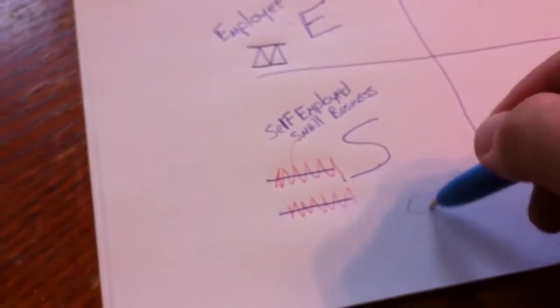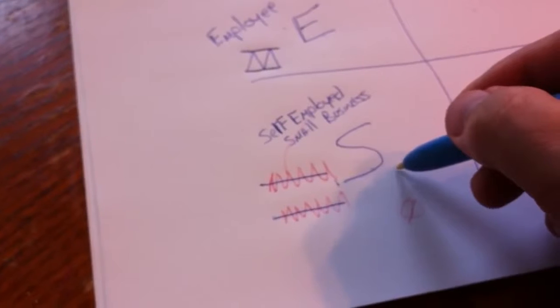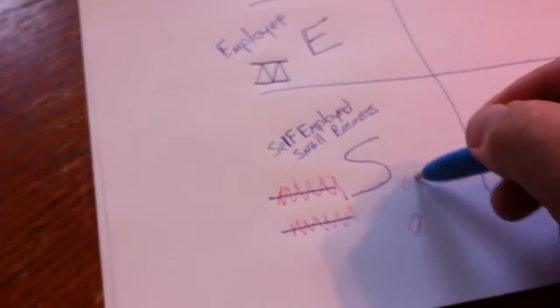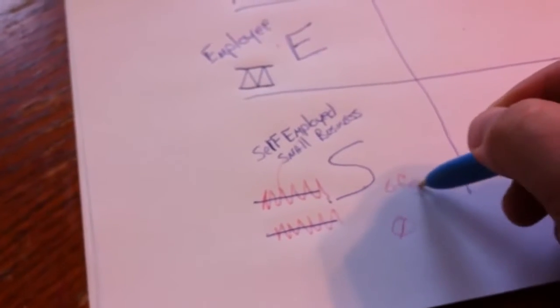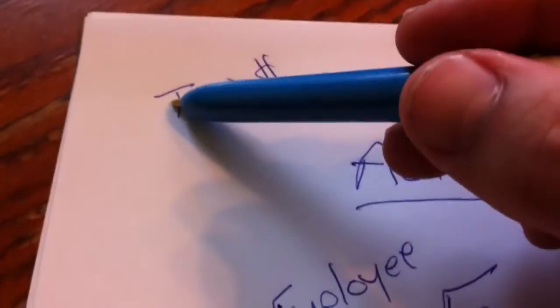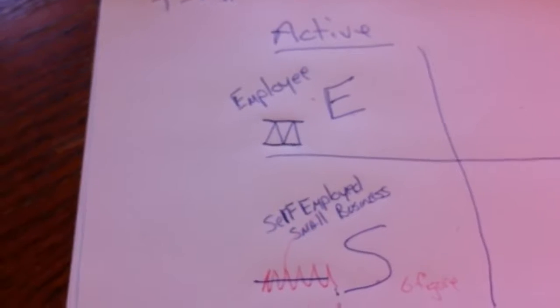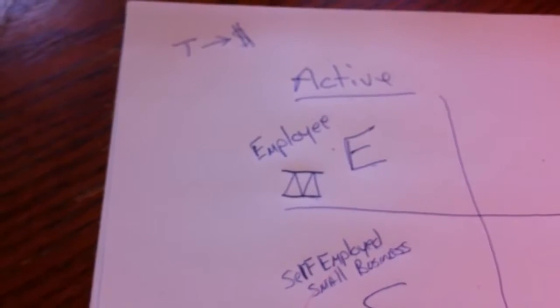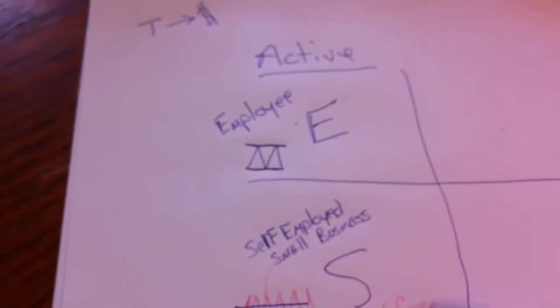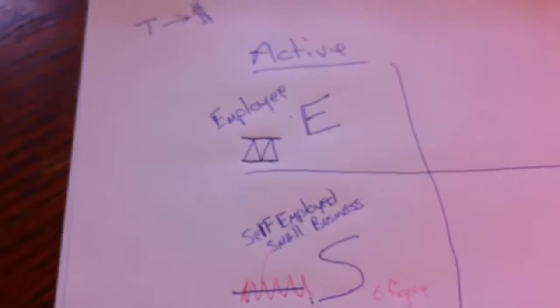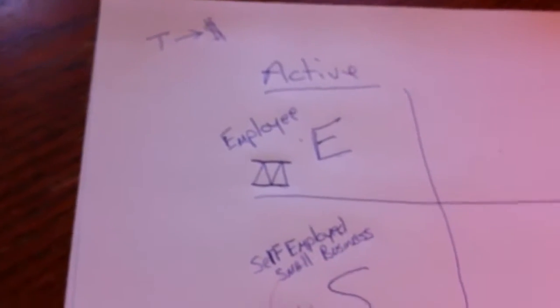So one month you might be broke and the next month you might be making six figures. Just depends. Either way, you're going to constantly be trading time for money. So this is what's called the active income side. You're trading your hours or your time for the dollars that you need to function throughout life.